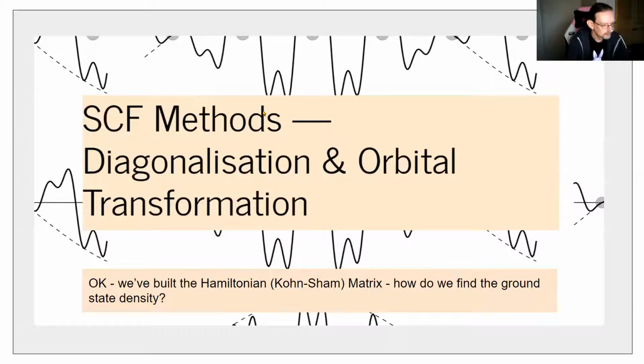Okay. So the bits I've set out are a recipe for getting the Kohn-Sham matrix. I will very quickly mention the methods available to calculate the optimal density for a given molecular geometry. Essentially, there's two standard methods: diagonalization and orbital transformation in CP2K.